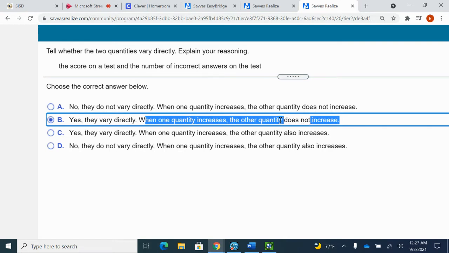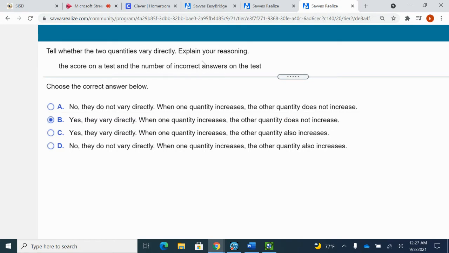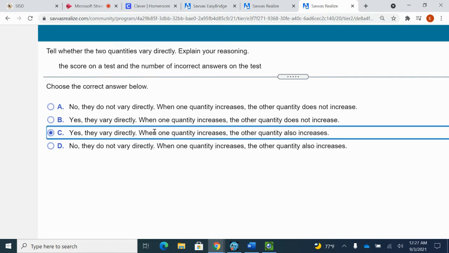It just says the other doesn't change, which is not correct. If the number of incorrect questions goes up, my score is going to get lower. B does not say that. C, when one quantity increases, the other also increases. That is incorrect because we just said if you get more wrong, your score goes down. So it cannot be C.